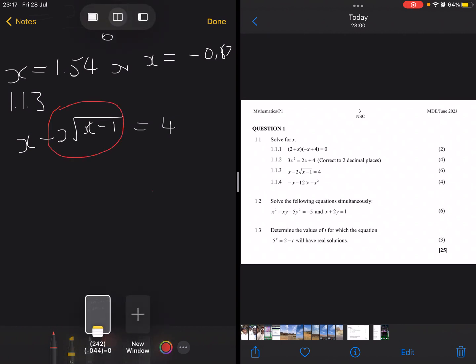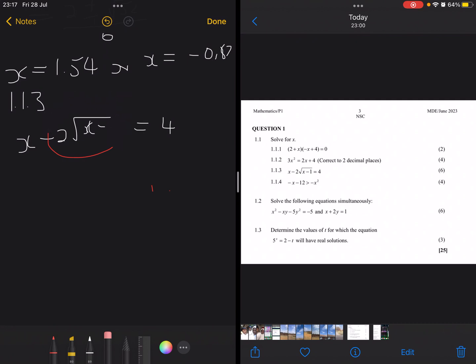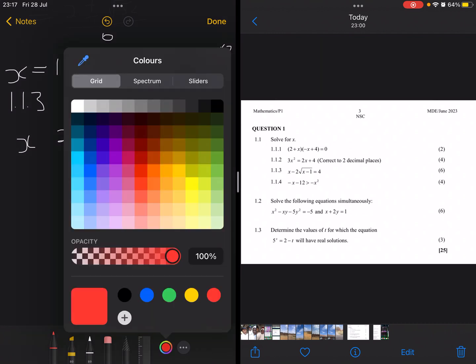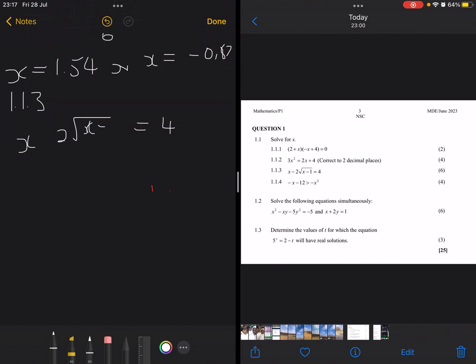Okay. Let me just erase that and rewrite it properly. Let me rewrite the whole equation properly.